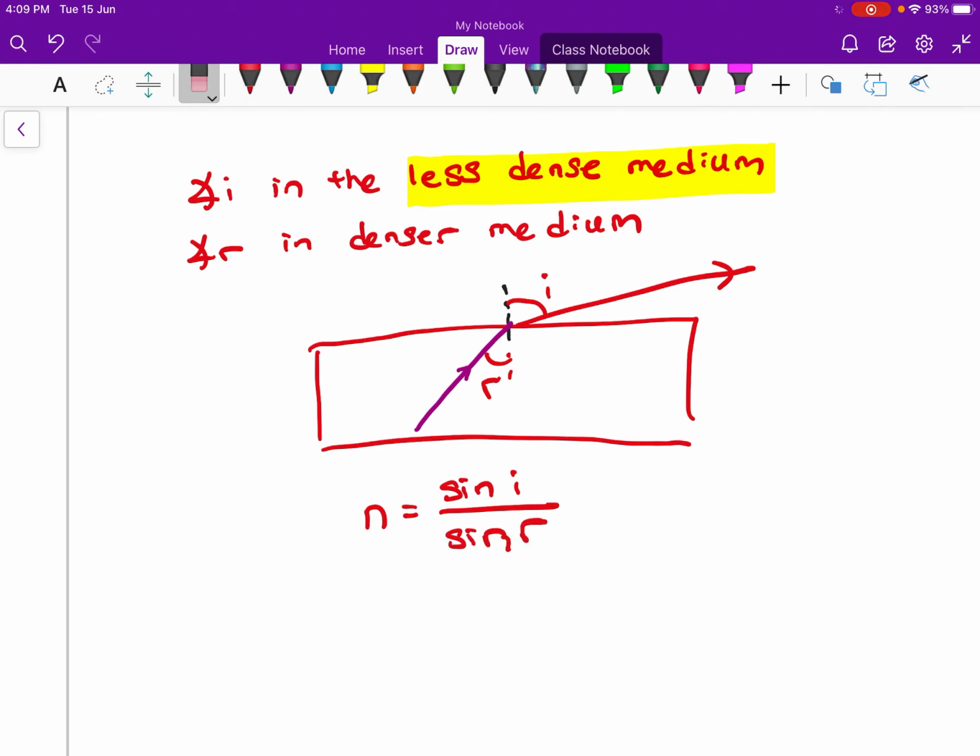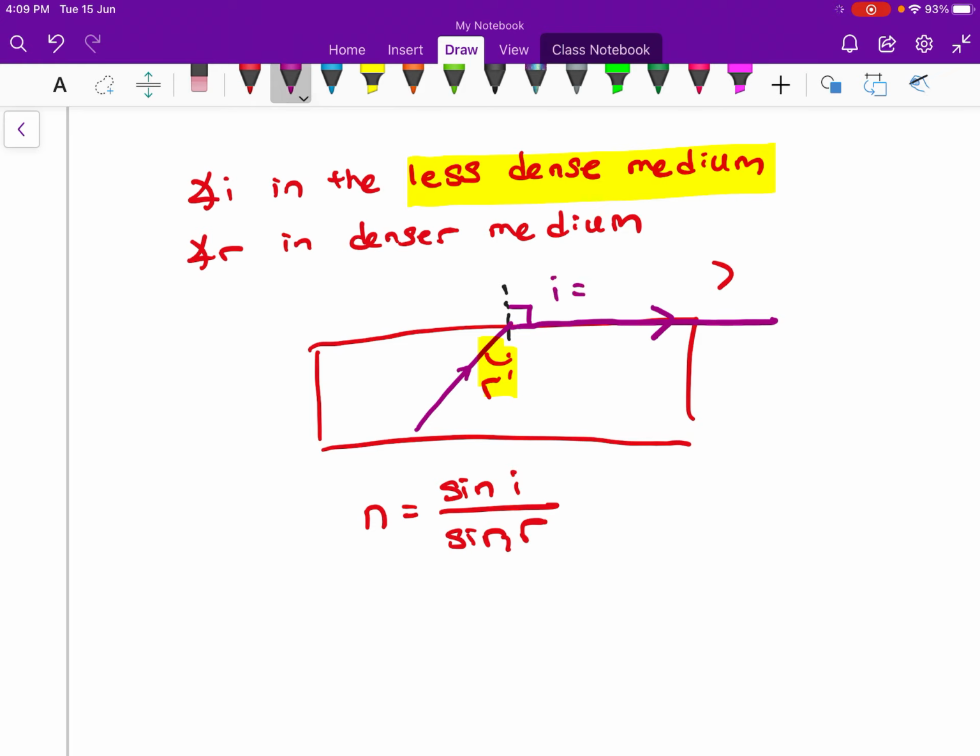Very simple. If your angle of refraction is equal to the critical angle, it means that the light ray will travel in this particular manner, and this is what we call the angle of incidence.